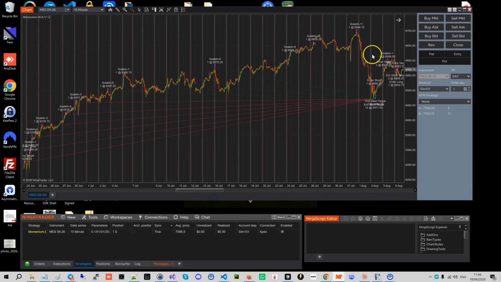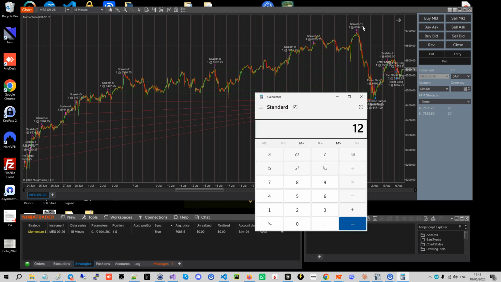Now, scale in 11 required us 11 scale-ins plus the original position, which is 12. So 12 positions. Now, with 12 positions, the maintenance margin on MES is about 2,700 right now.